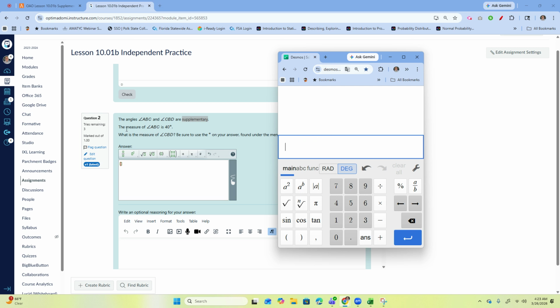The measure of the angle they gave you is 40 degrees. How much is the supplementary angle of 40 degrees? You do the same thing as before: 180 minus 40, because supplementary angles always add to 180. So how much do you add to the 40 to get 180? That will be 140 degrees.